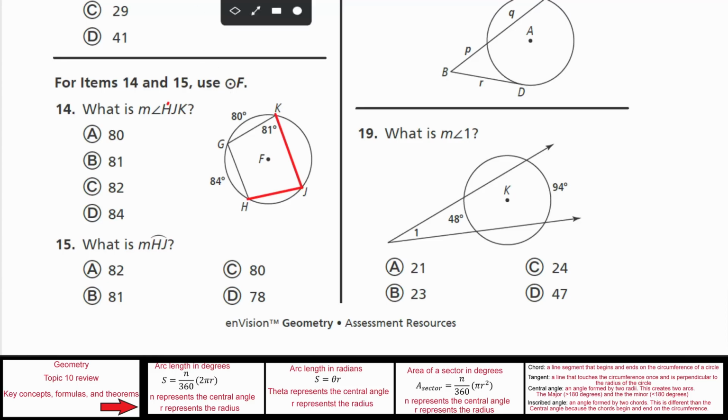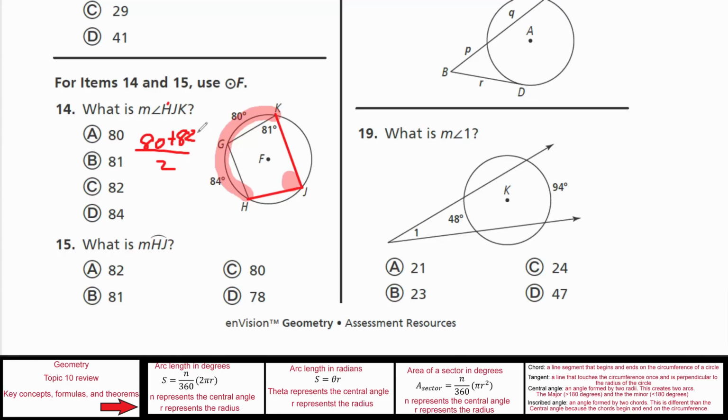And this one's actually a little bit easier than what they just gave us because if we know this arc measure, we can divide it by 2 and it'll give us this angle right here. So what I'm saying is 80 plus 84 divided by 2 is going to be my answer for this question.